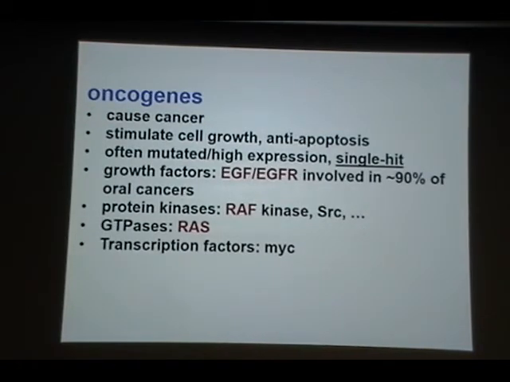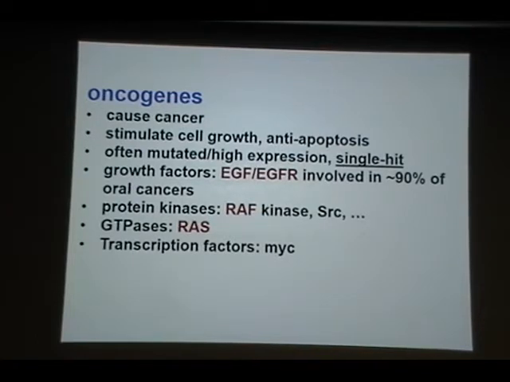So in contrast, oncogenes are totally different. Oncogenes cause cancer. They stimulate cell growth. They are anti-apoptotic, so they keep cells from dying, for all different reasons. And they are often mutated or highly expressed in cancer cells.